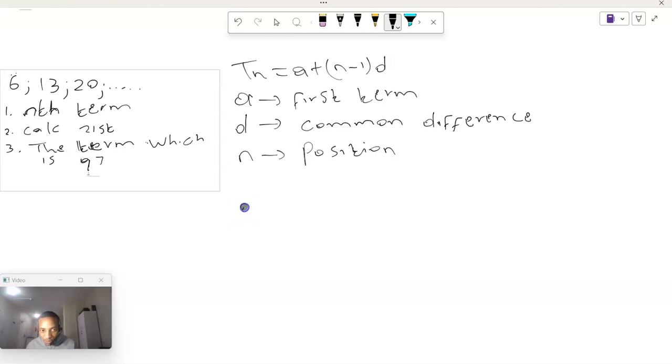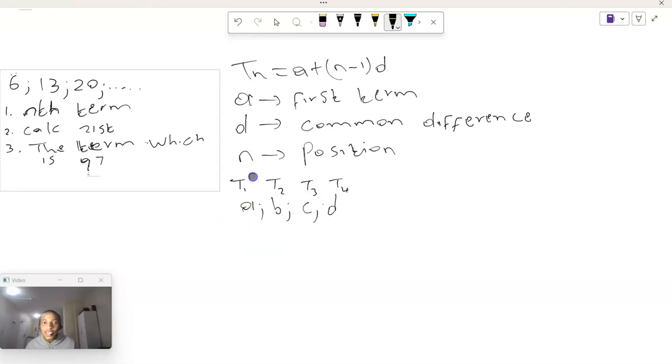For example, if we have a, b, c, d, our a is T1, b is T2, c is T3, and this is T4.